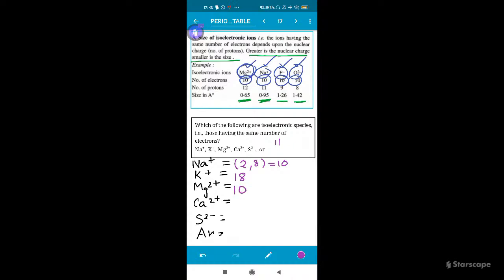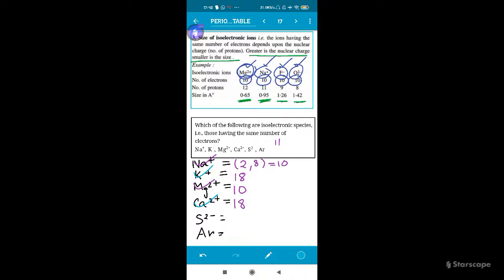Yes, so we saw sodium and magnesium ions are isoelectronic species. Now let's check the other ones also. Calcium 2+, calcium has 20 electrons. So now if 2 electrons are removed from 20, it will become 18. So again we saw potassium ion and calcium ion are isoelectronic species.